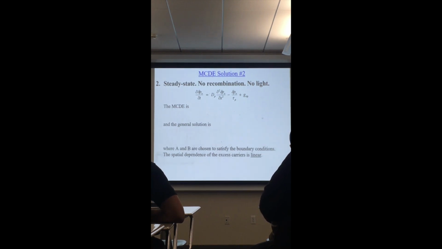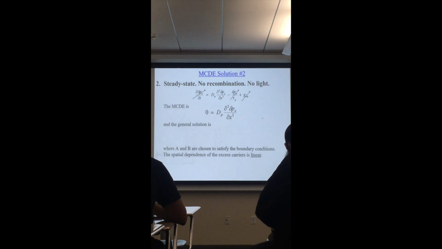Which term will be 0? This term, delta p sub n over tau, represents recombination, so it is 0. So the first term is 0, the third term is 0, and the last term is 0. Basically we have this term equal to 0.